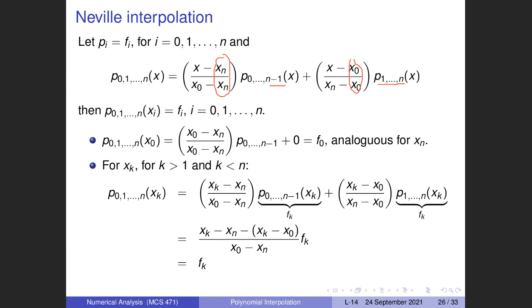In the first bullet point, you verify that if you plug in x naught, then the second term drops away because you're making the difference in the numerator here between x minus x naught. And then actually you use the induction hypothesis that the p naught up to p n minus 1 interpolates. So that is actually f naught. You do the same for x n. Then you verify for all the other points.